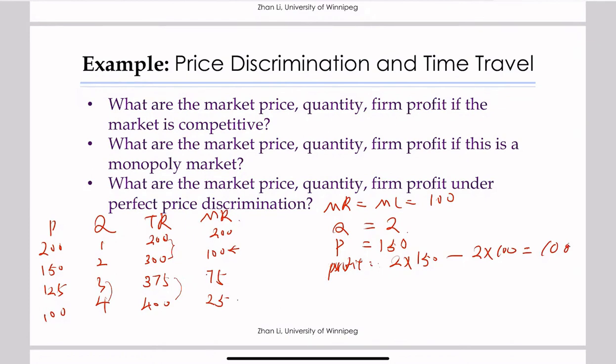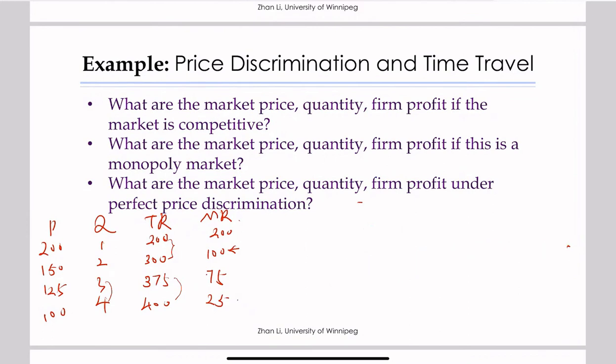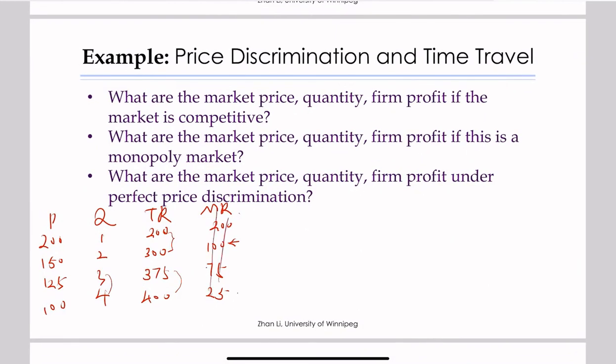Okay, finally, let's look at the case when the firm can use perfect price discrimination. In this case, for the first person, the firm will charge 200.